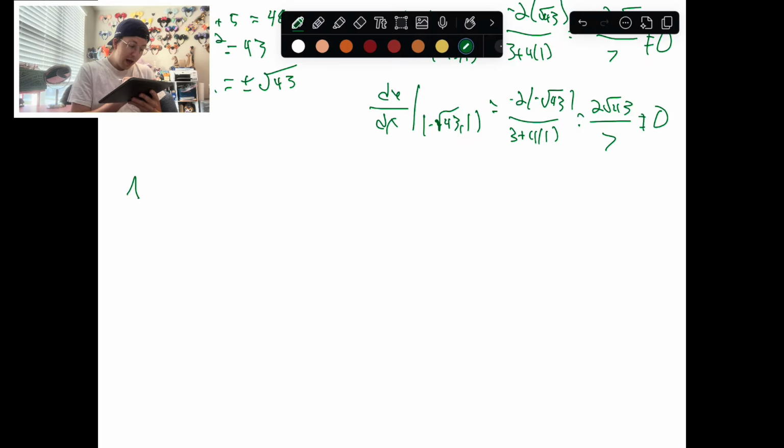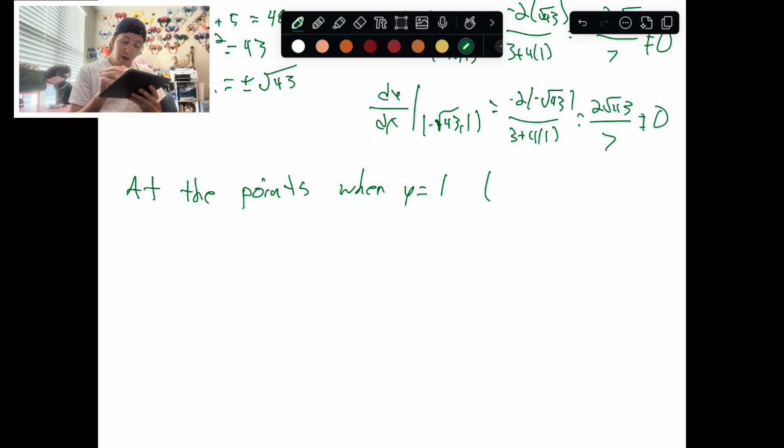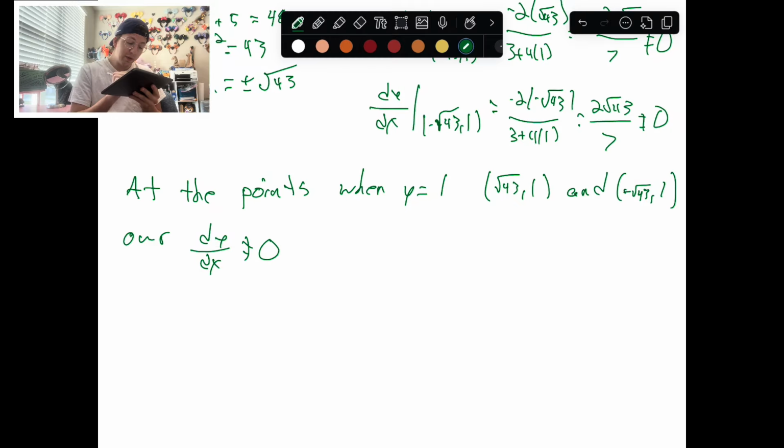So at the points when y is equal to 1, square root 43, comma 1 and negative square root 43, comma 1, our dy dx is not equal to 0.